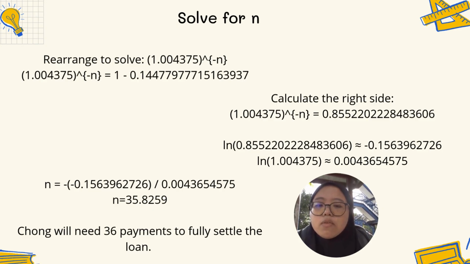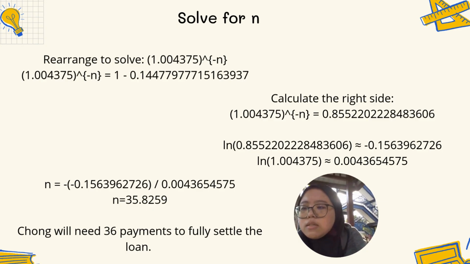Next, we use the logarithm: ln of (0.855220222) equals negative 0.153. Next, ln (1.004375) equals 0.0043654575.